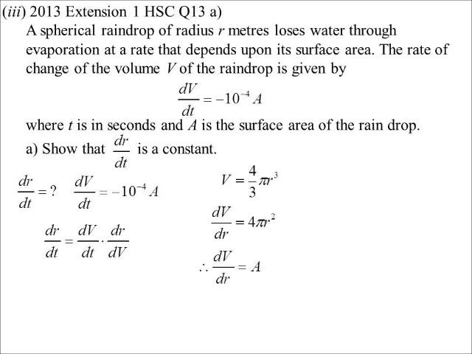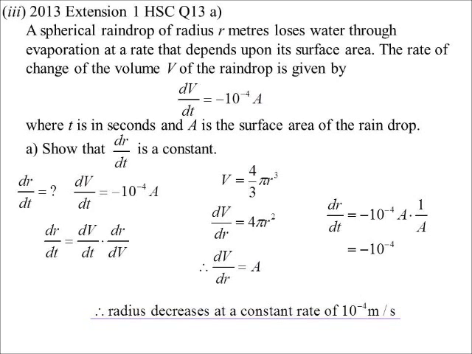So dV/dr, as I said, was equal to the surface area, so I can just call it A. For dr/dt, well, we've been told dV/dt is minus 10 to the minus 4 A. dV/dr, well, we want dr/dV, turn it upside down, is 1 on A. The A's cancel, leaving me with a constant, minus 10 to the power of negative 4. So yes, it's decreasing at a constant rate of 10 to the negative 4 meters per second.